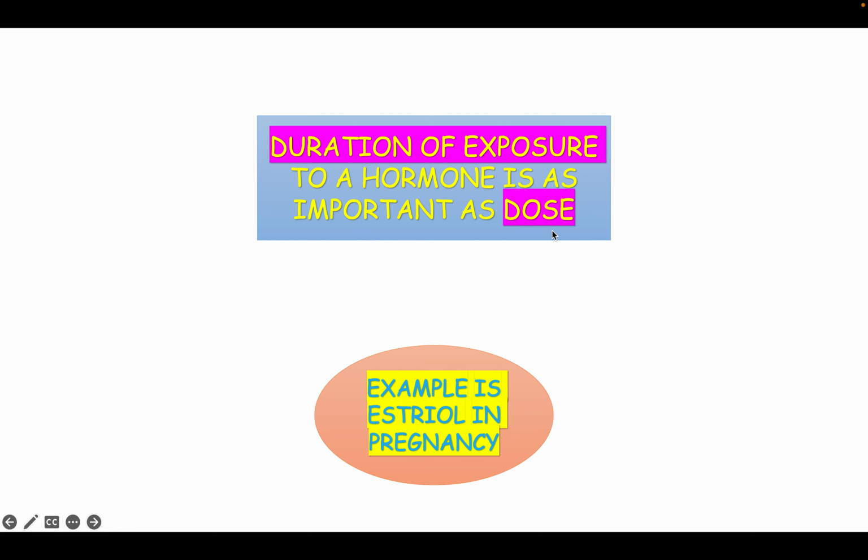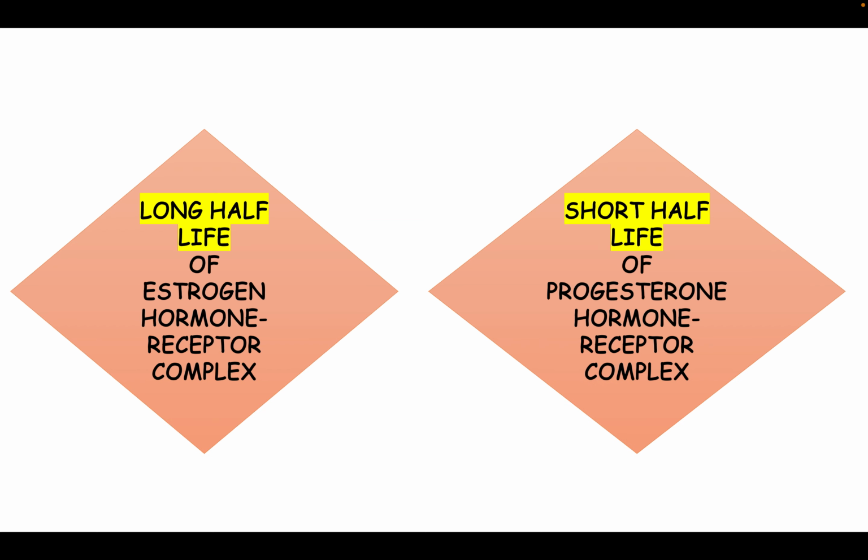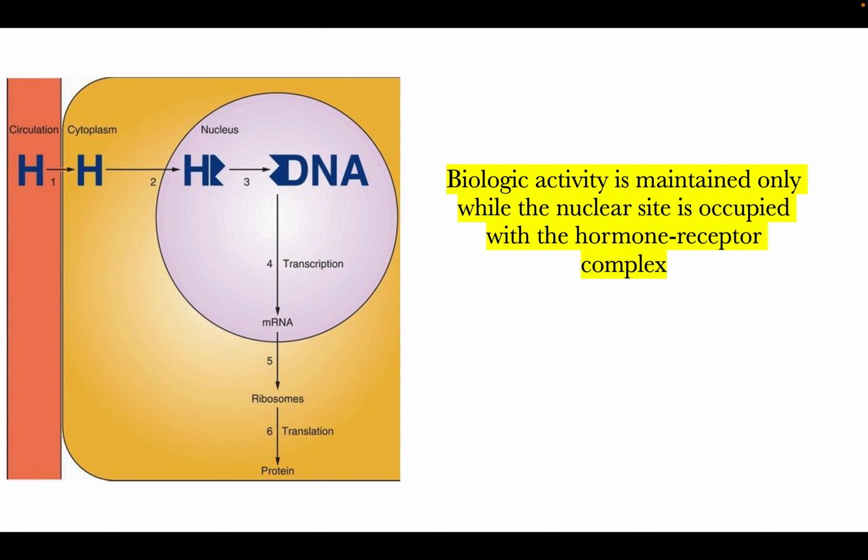In a nutshell, whenever any hormone binds to the receptor, if the half-life of this hormone receptor complex is more, we will need less amount of that hormone. That's why estrogen comes in picogram per ml.